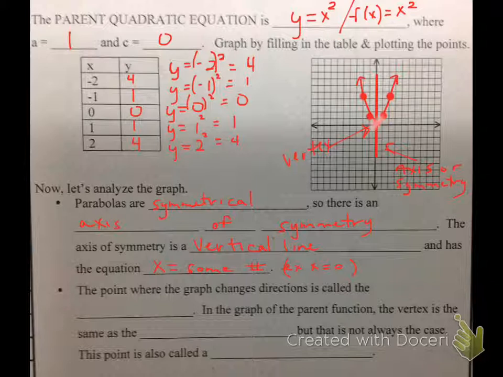The point where the graph changes direction is called the vertex. We've already talked about the vertex, okay, that's just a point. In the graph of the parent function, the vertex is the same as the y-intercept.